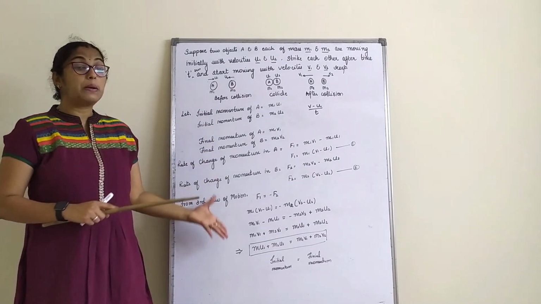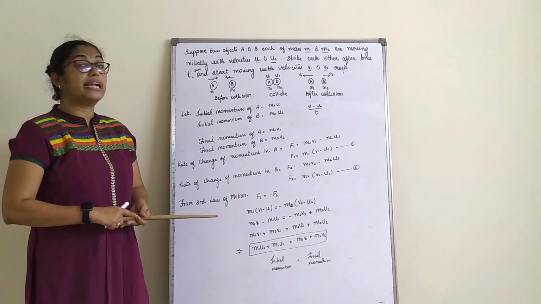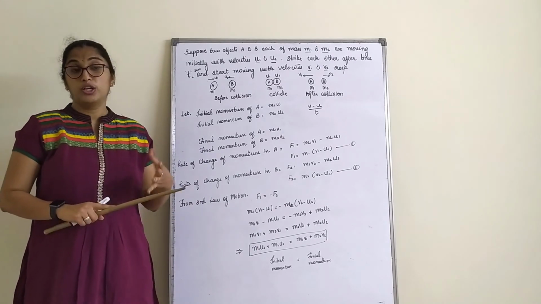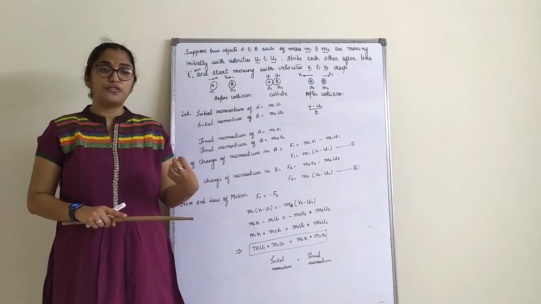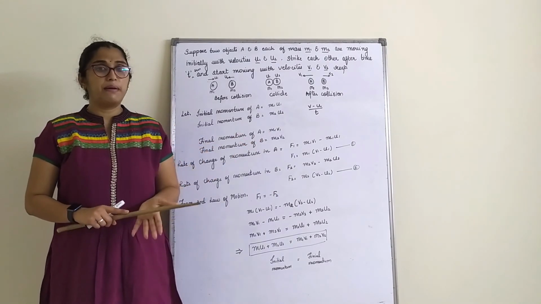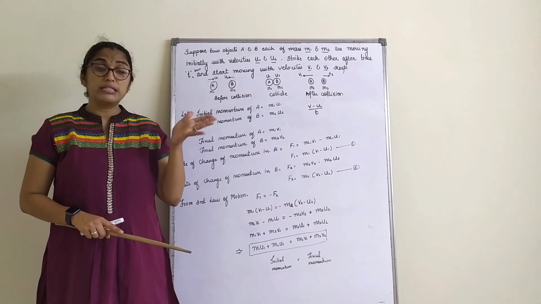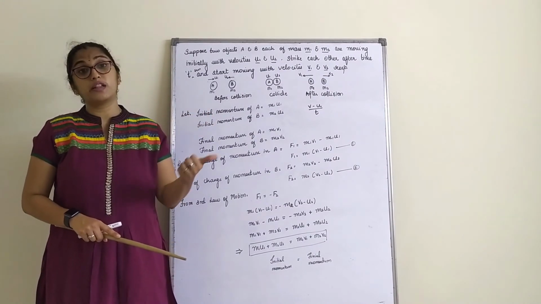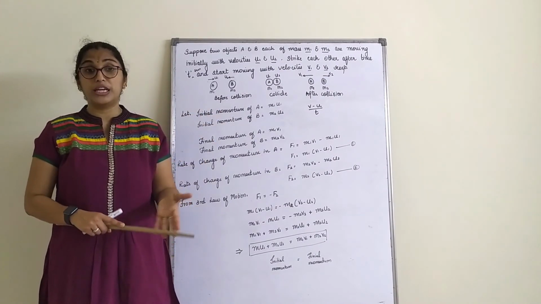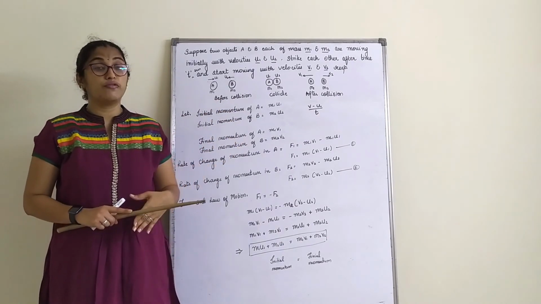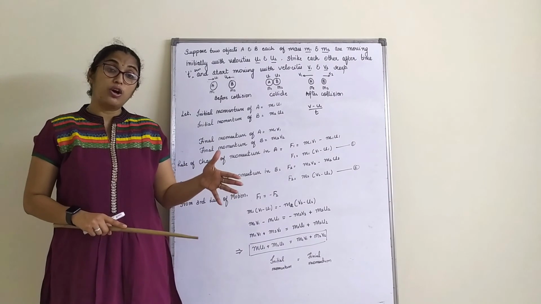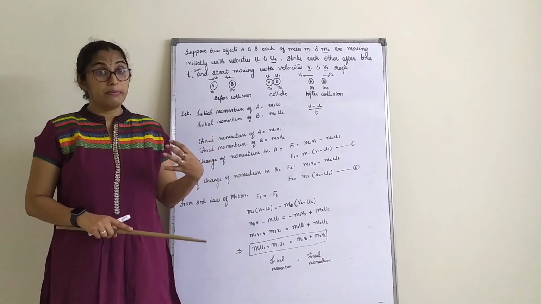So, there we complete this chapter, force and Newton's laws of motion. In this chapter, what you have to know is the basic definition of a force, types of force, balanced, unbalanced, Newton's three laws of motion, first law of motion known as law of inertia, its application, that is inertia of rest, inertia of motion, Newton's second law of motion, which is based on momentum.